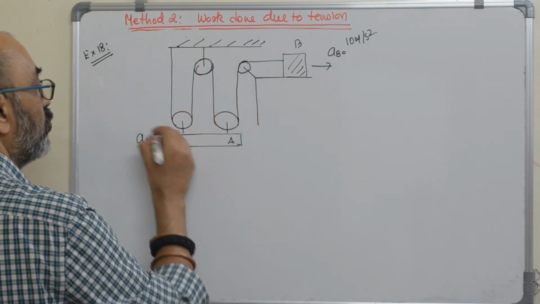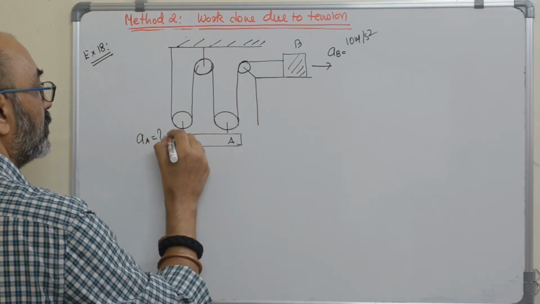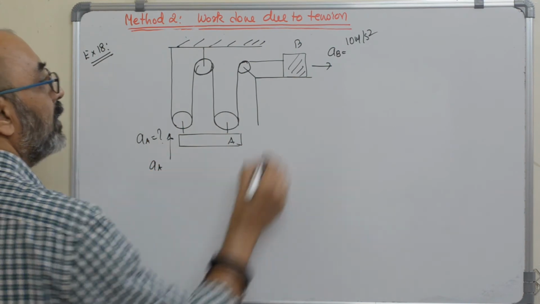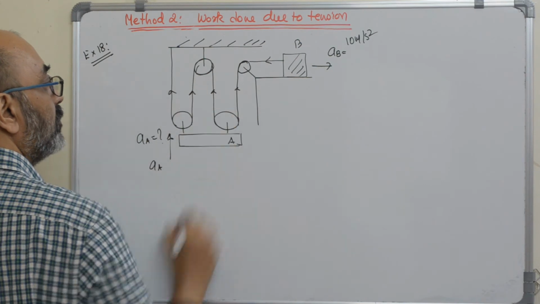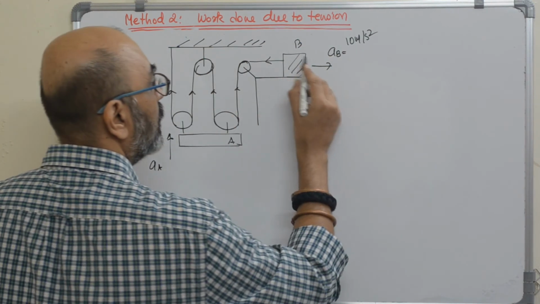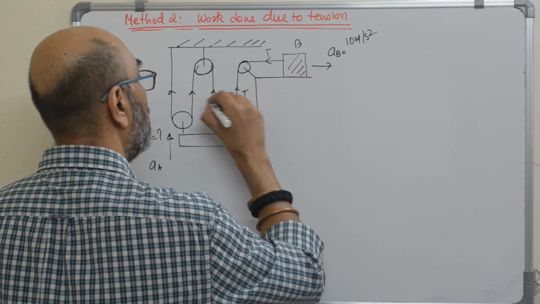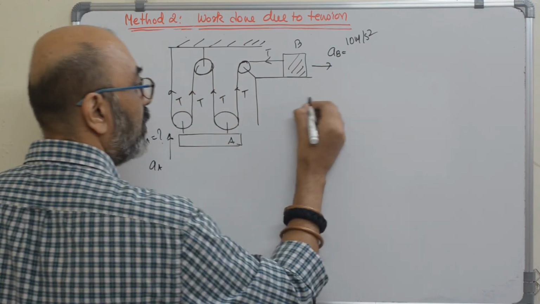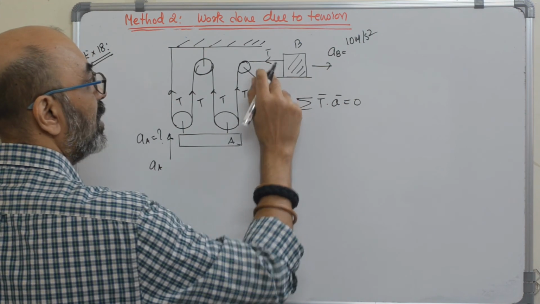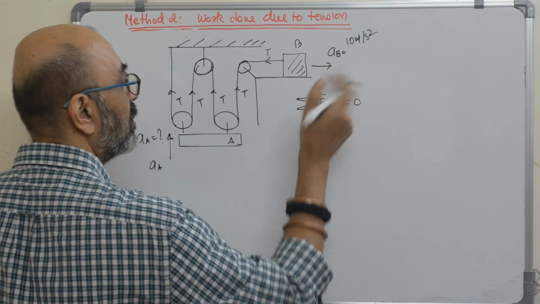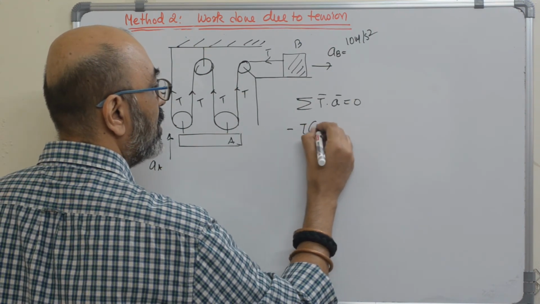Obviously A is going to move in the upward direction only, so that is acceleration of A. ये tension T, ये T, ये T, ये T, ये T. So as far as this is T, T, T, T, T, we have summation T dot A equal to 0. तो इसके लिए करेंगे T इधर, acceleration उधर, negative sign, so minus T into 10.